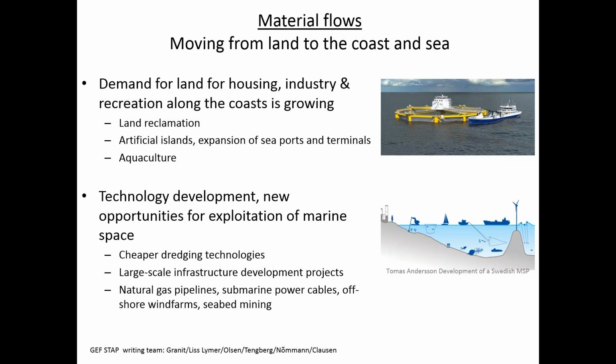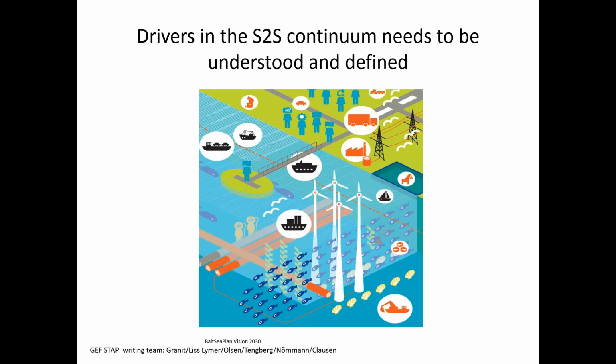Cheaper dredging technologies are making the creation of new land cheaper than buying expensive seafront land in some locations. And that is, of course, putting additional pressure on coastal and delta areas. In short, there are a lot of different priorities to balance in source-to-sea systems, and we need to invest more in understanding the drivers for change and impact in the source-to-sea system as a whole to better manage them.